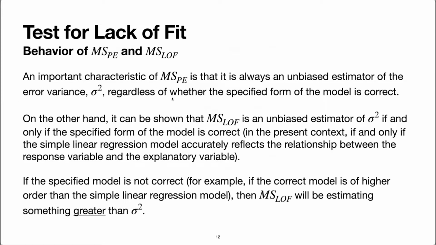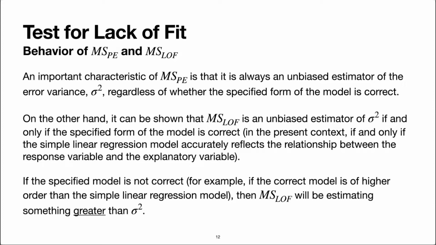An important characteristic of the mean square for pure error is that it is always an unbiased estimator of the error variance, which is denoted by sigma squared. And this is regardless of whether the specified form of the model is correct. The mean square for pure error will always be an unbiased estimator of the error variance, because the calculation of the sum of squares for pure error does not depend on the model.